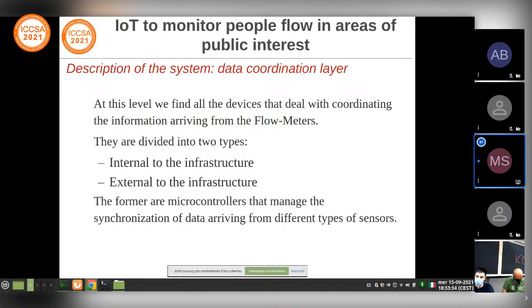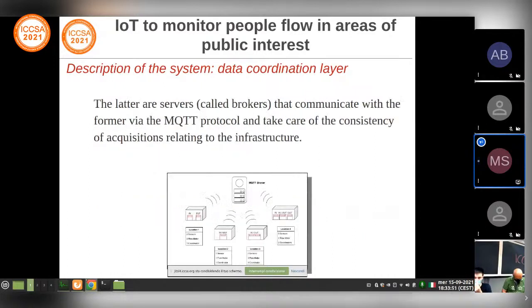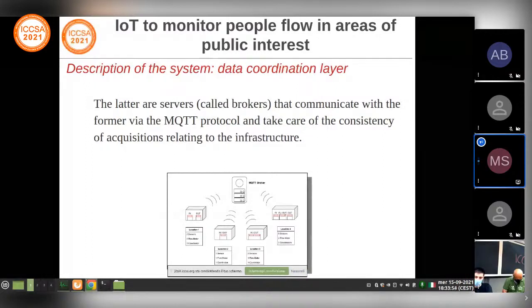The former are microcontrollers that manage the synchronization of data that arrive from different types of sensors. And the latter are servers that communicate with the former through the MQTT protocol and ensure the consistency of infrastructure acquisitions.